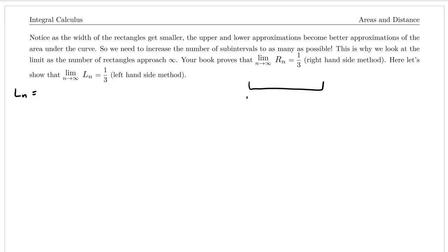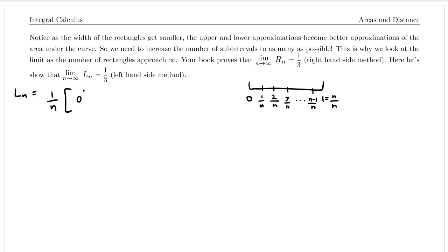If I have my starting x value being 0 and my ending x value being 1, and I'm breaking it into n subintervals, then my next x value would be 1 over n, and then 2 over n, and then 3 over n, and this would continue, and my second to last one would be n minus 1 over n, and then 1 is the same thing as n over n. So that means that the width of each of my rectangles is 1 over n, and I want to figure out the heights of each of these.